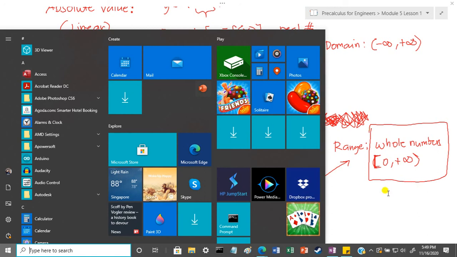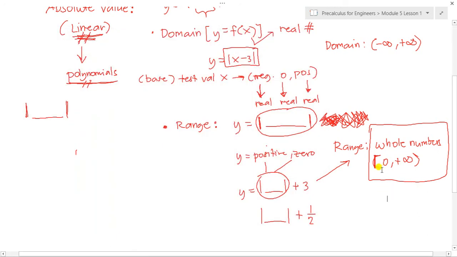Do you think they are equal? Our range is from 0 to positive infinity, which is the same as saying whole numbers.